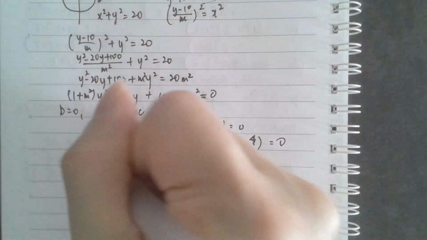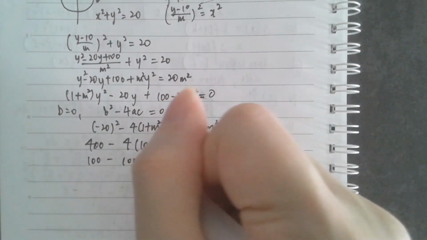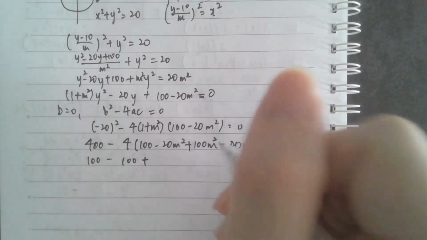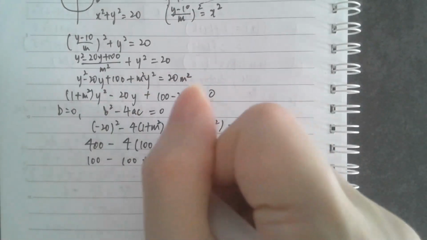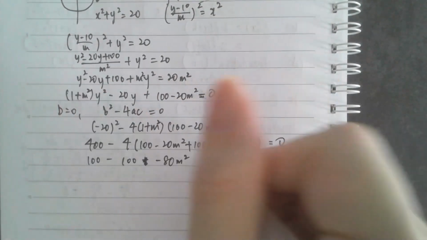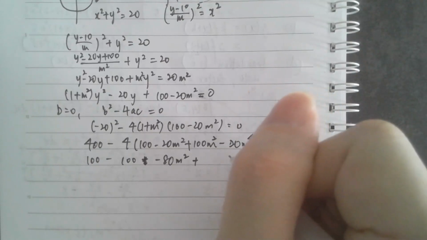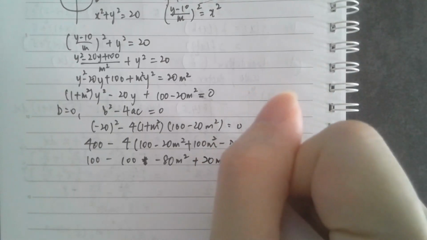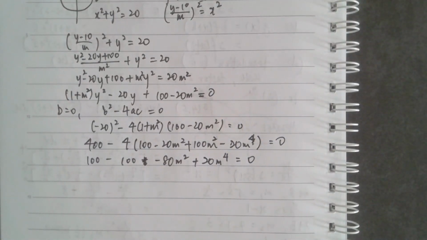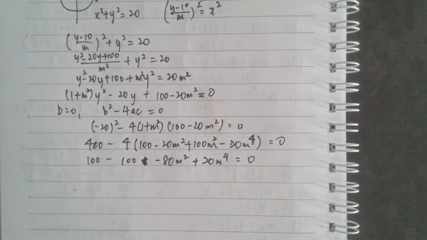So this will be 100 minus 100, plus, so that's 80m squared, so I can just minus 80m squared, and that's just plus 20m to the power of 4. The 100 can be cancelled out.